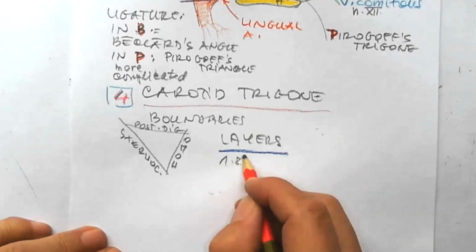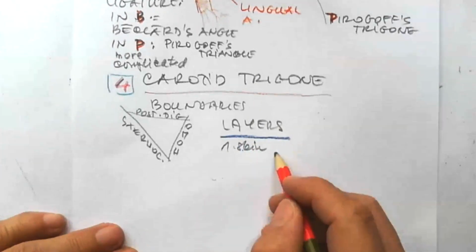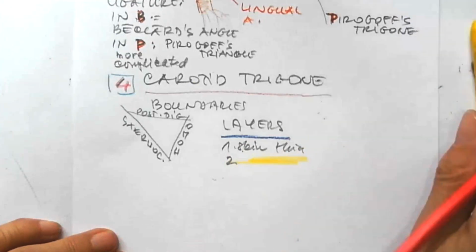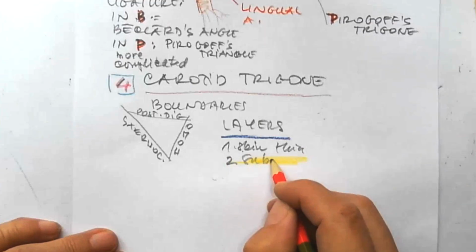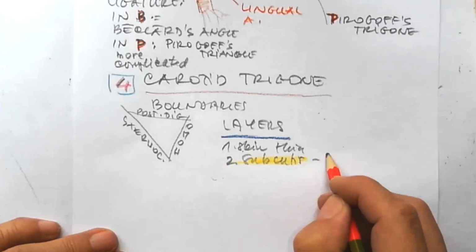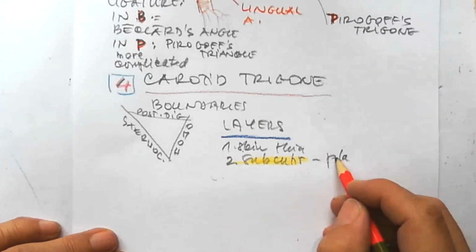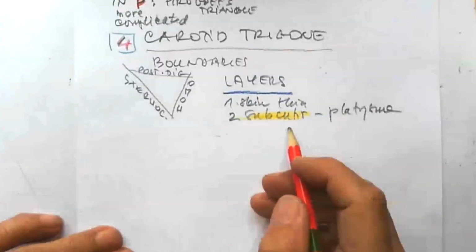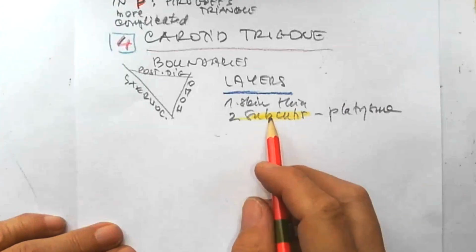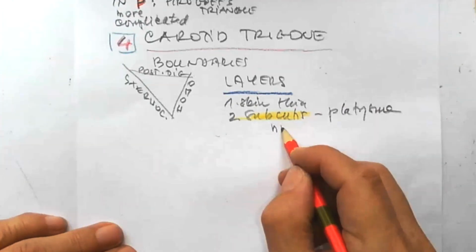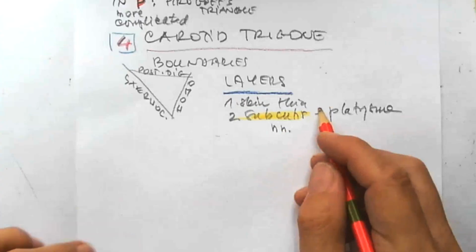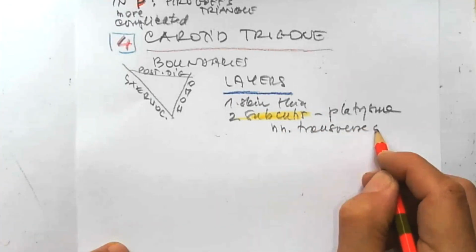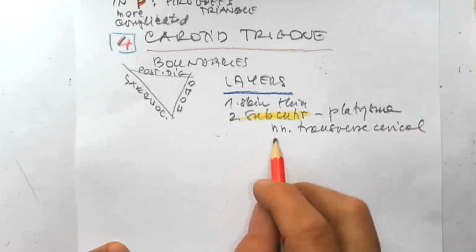Concerning the layers, number one is skin, again thin. Then number two is subcutis. Subcutis, again the platysma covers it, lying in the superficial layer. Then the nerves at the same layer, the transverse cervical nerve from the cervical plexus.